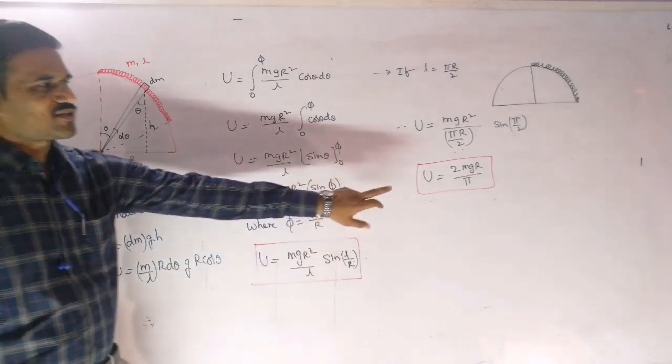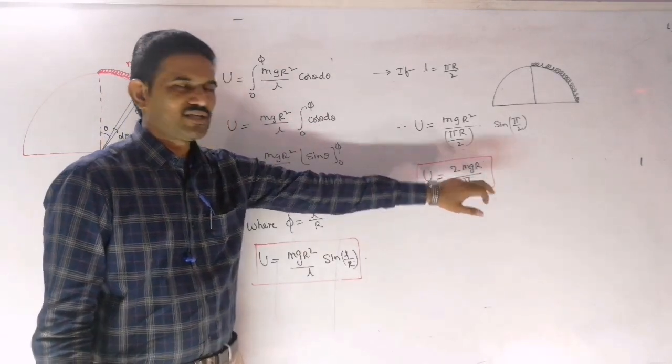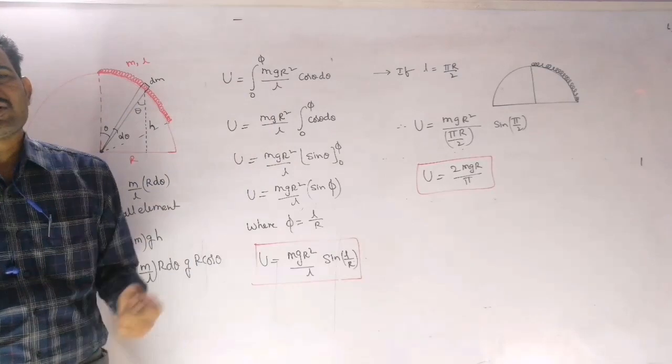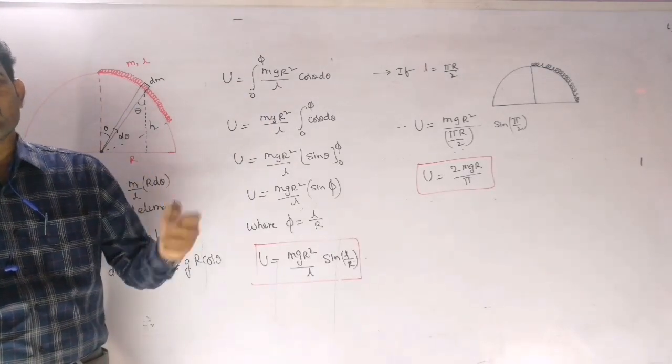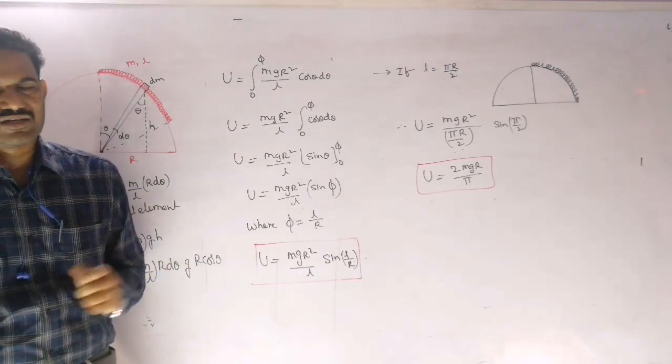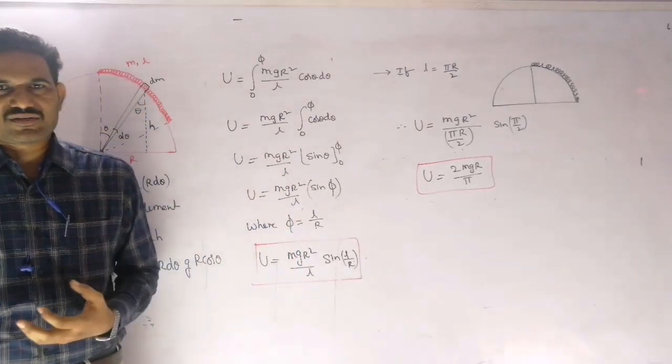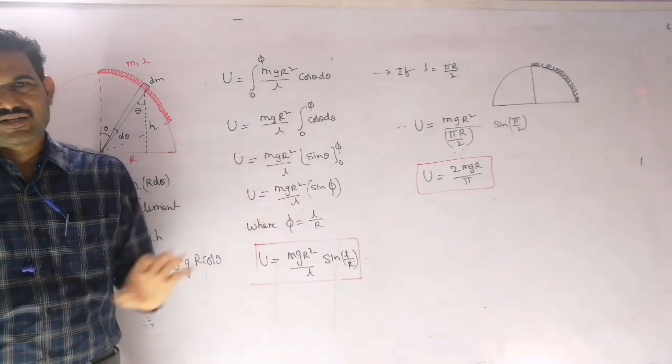Here 2r by pi is nothing but what we call the center of mass, which we will discuss later. Center of mass is the point where the total mass can be assumed to be concentrated. Once that concept is completed, there is no need to do this entire derivation.